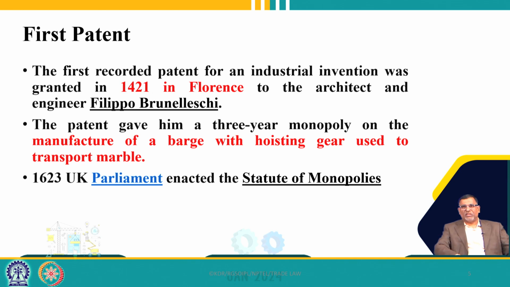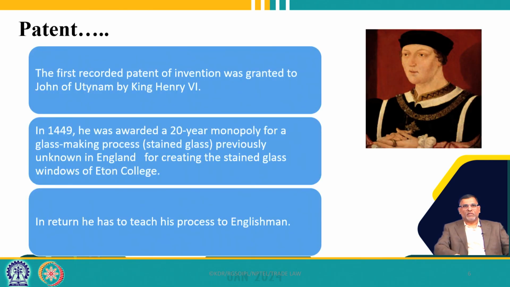We saw many countries like the UK Parliament, followed by the US, followed by other countries, whether it is Japan and others, granting patents. And the first recorded patent was granted to John of Utynam by King Henry VI. This was in 1449.